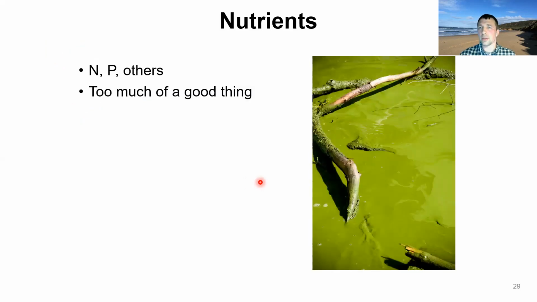Okay, nutrients. Moving on, nutrients are important for algae blooms as well. Nutrients can consist of essential elements that are required by living organisms, but oftentimes the two most problematic nutrients are nitrogen and phosphorus. And sometimes there can be too much of a good thing.